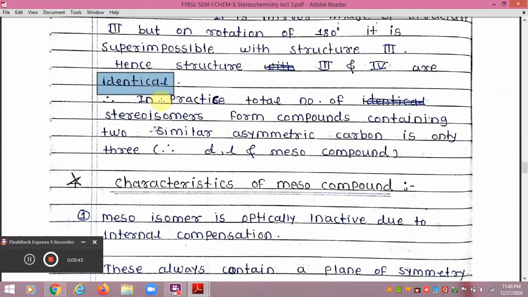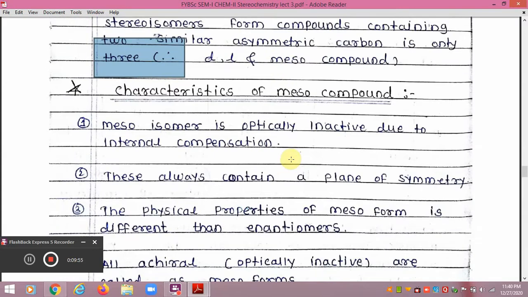So in practice, the total number of stereoisomers from a compound containing similar asymmetric carbons is only 3 and not 4, because two of the structures have a plane of symmetry. So these are called meso compounds, which are optically inactive. The characteristics of a meso compound can be defined here.